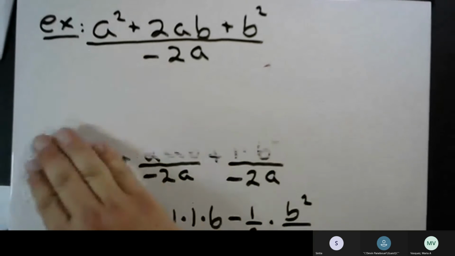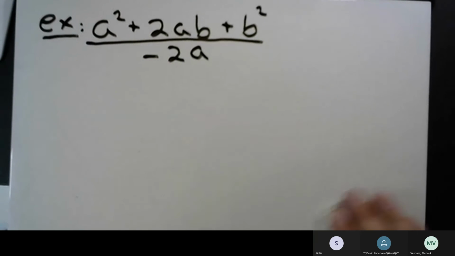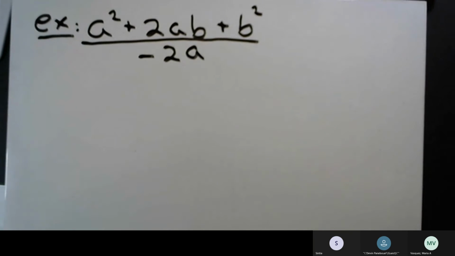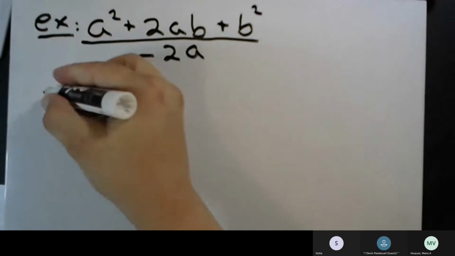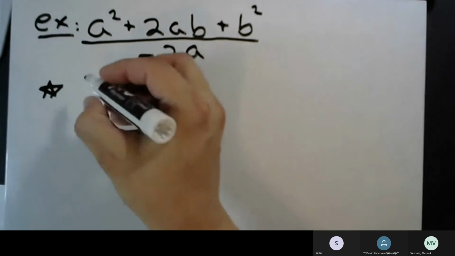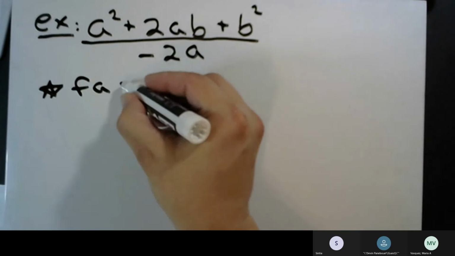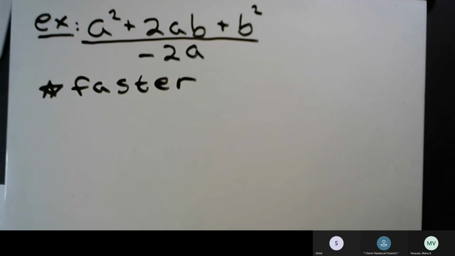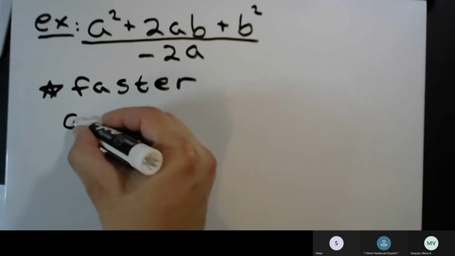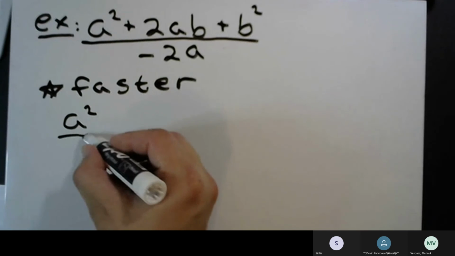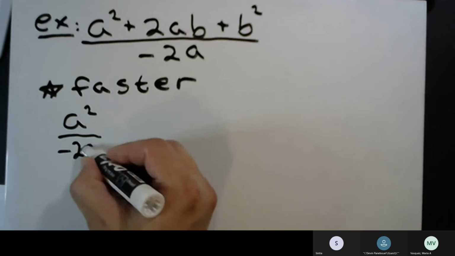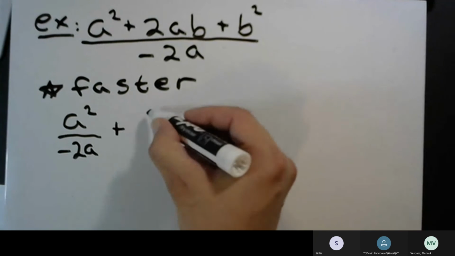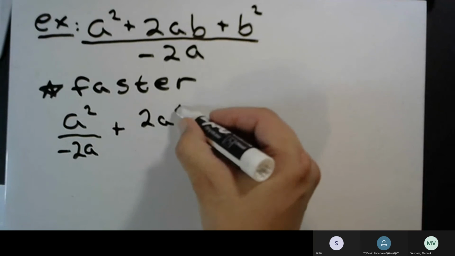But if you want to think of it in those terms, you'll be fine when all is said and done. So again, we'll break things up so everything gets a negative 2a as a denominator.